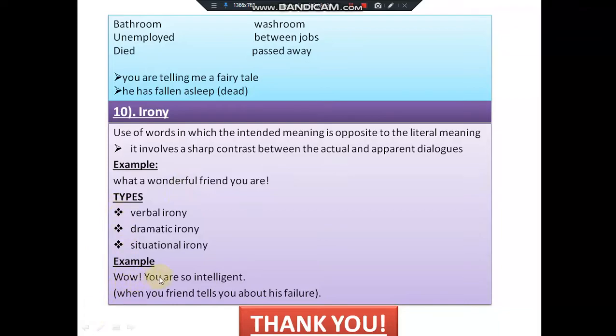Again, look here. Wow, you are so intelligent. It means someone has done something wrong, and you are ironically telling him that you are so intelligent. So this expression is opposite to what you intended to express. Next one: when your friend tells you about his failure.